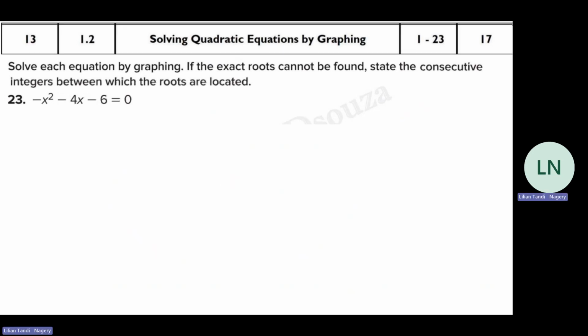I did my quadratic formula here, and I found my answer to be 4 plus or minus the square root of negative 8, over negative 2. Because this is negative 8, this will be 4 plus or minus i square root of 8.